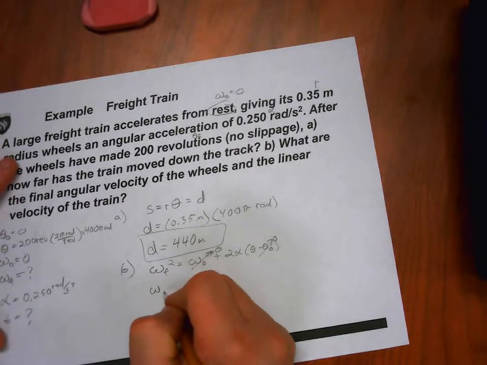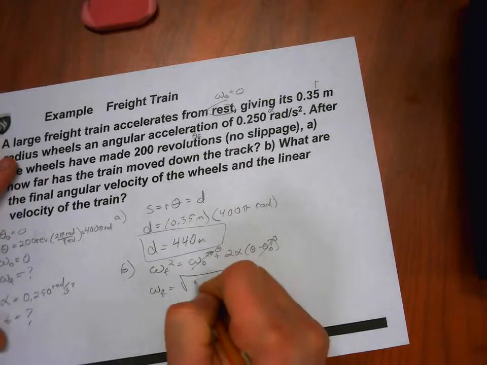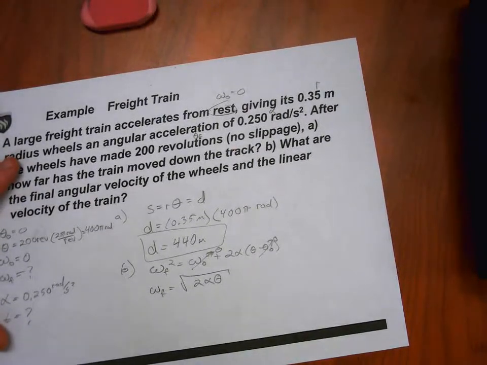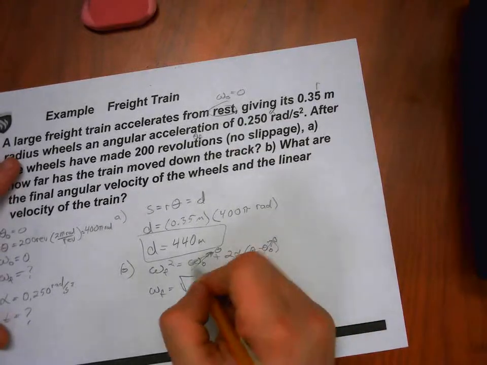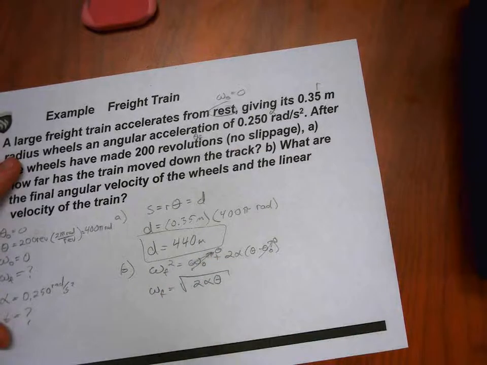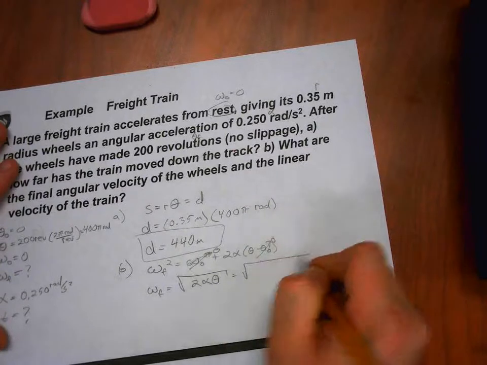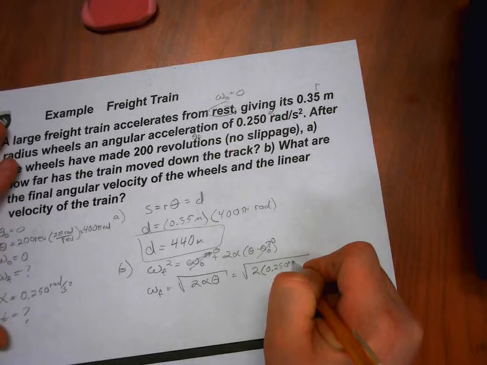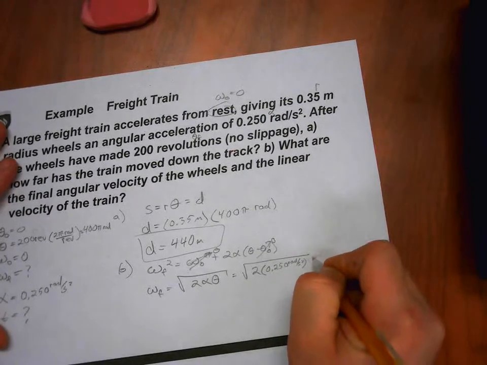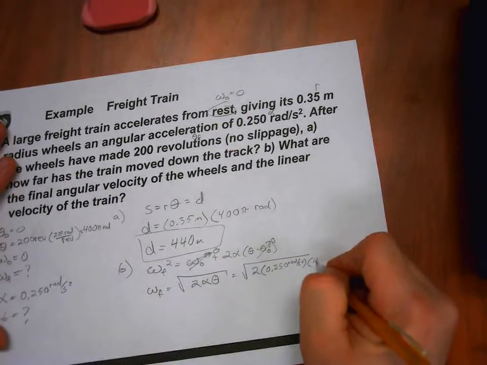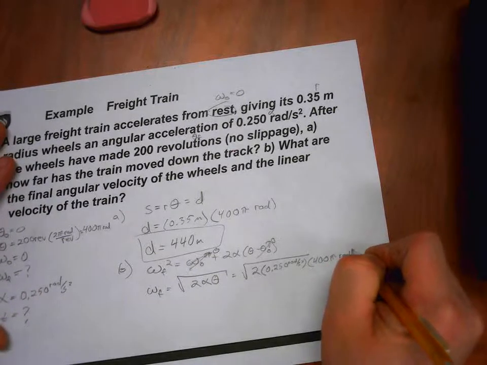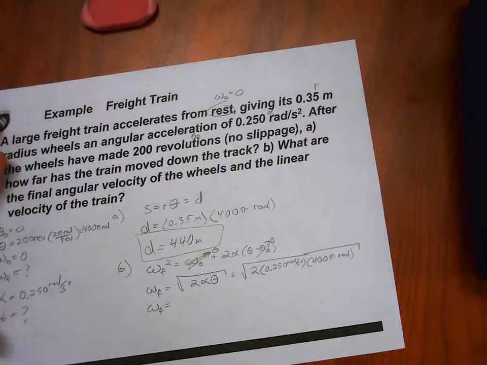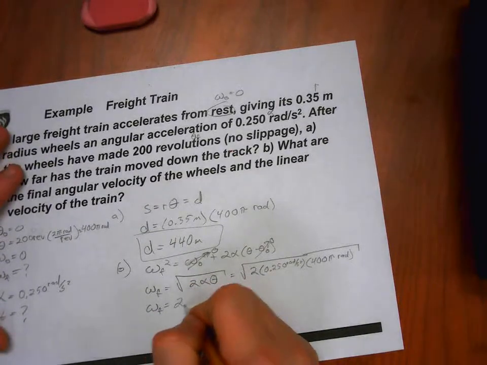So we can just solve it as such. All I did is took this term away, took that term away, took the square root of each side. The square root of 2 times 0.250 rad per second squared times 400 pi radians. When we calculate that out, that equals 25.1 radians per second.